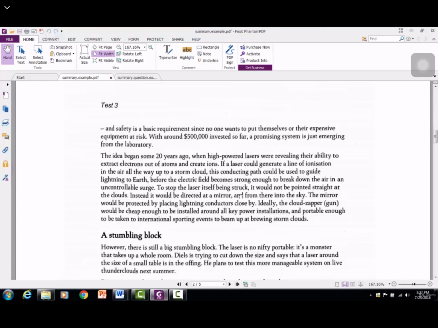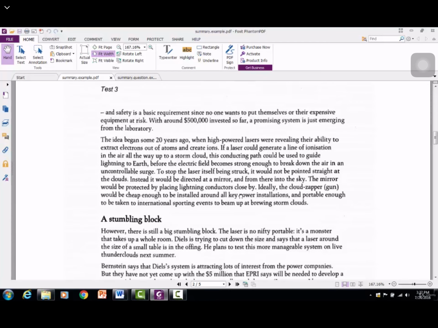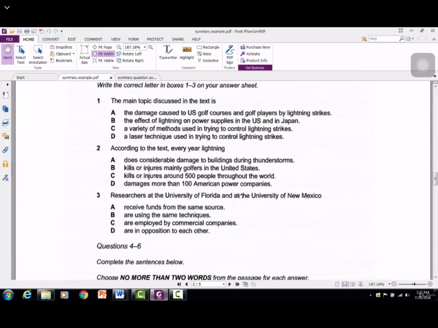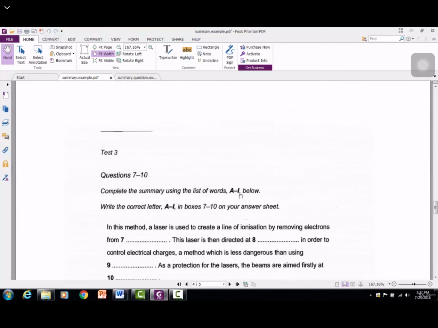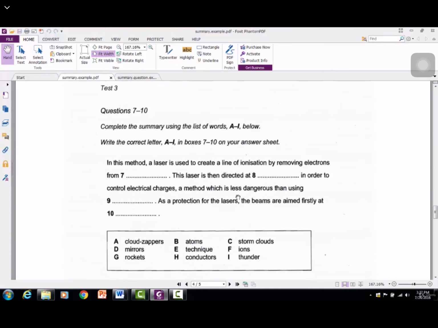Wow, wow, wow. So what that means is that when we look at this question, wow, what they've done here is number 8 comes from that second sentence of the paragraph. But the next part of the sentence, a method which is less dangerous than using, that comes from a whole different paragraph. Wow.